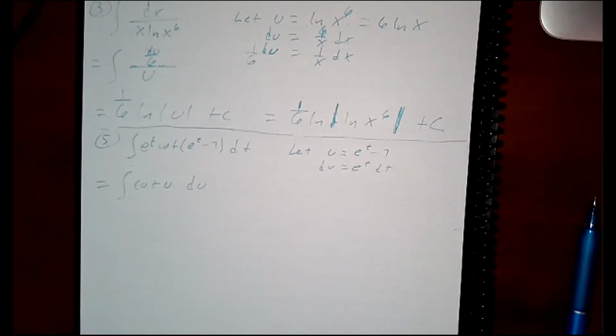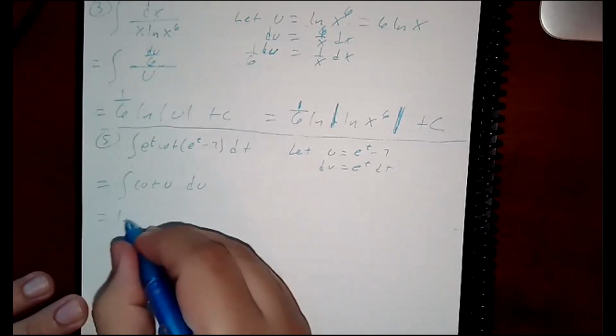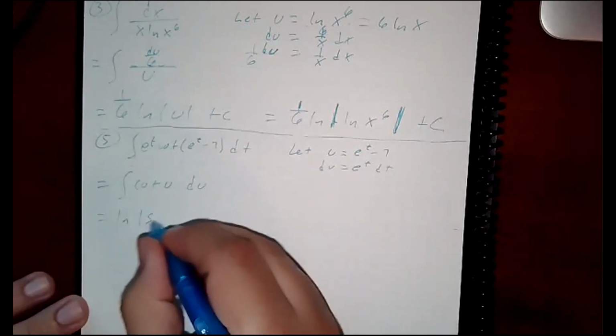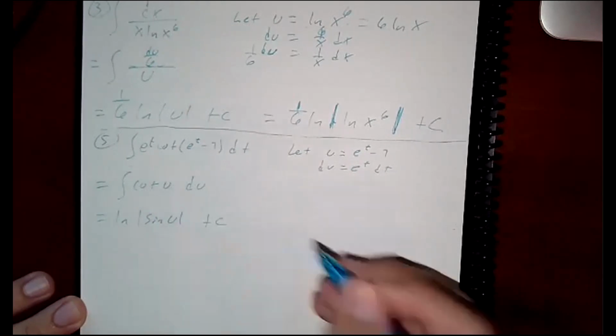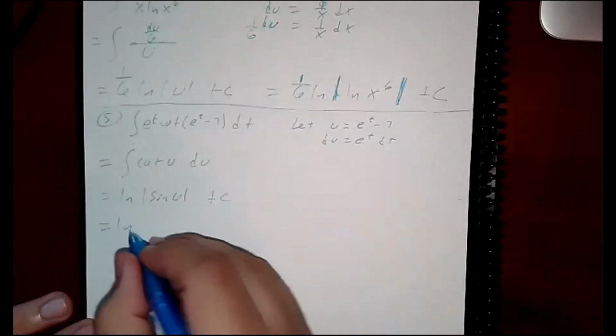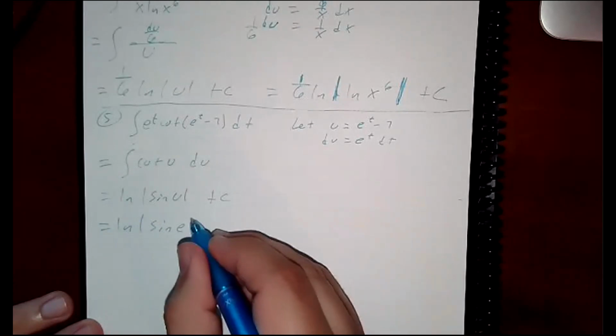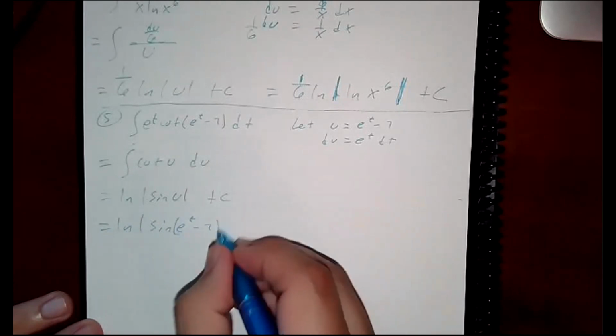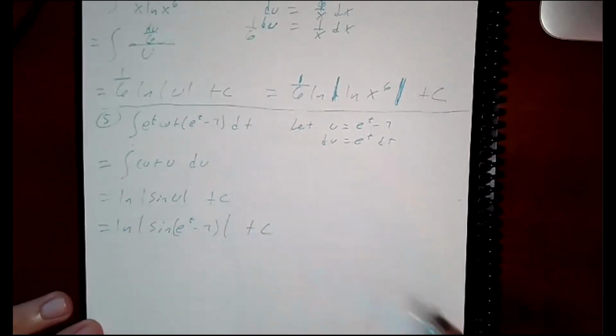No, it's negative. Let me just Google the formula because I don't trust it. Yeah. This will become ln of sine u based on the formula, which is really ln of sine of e to the t minus 7 plus c.